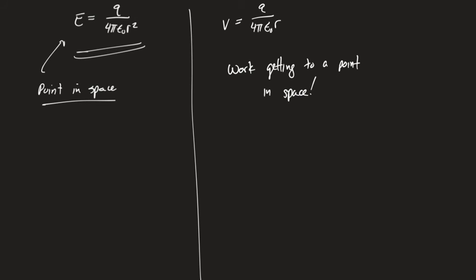Remember, we talked about that. If you have 4 point charges, and I ask for the electric potential at the center, no big deal. You can apply this easily by just adding up the 4 contributions to the electric potential.